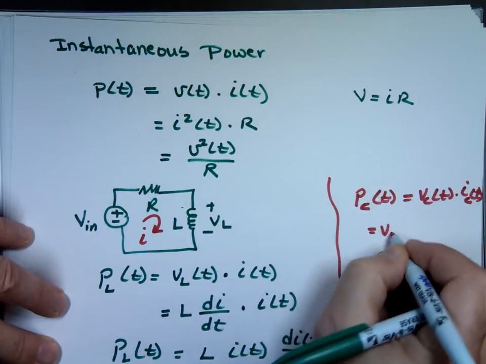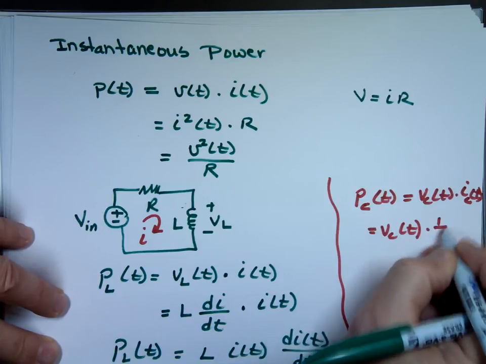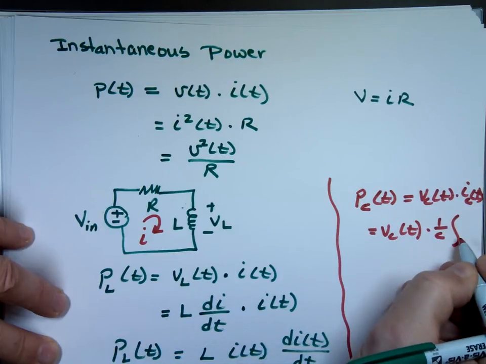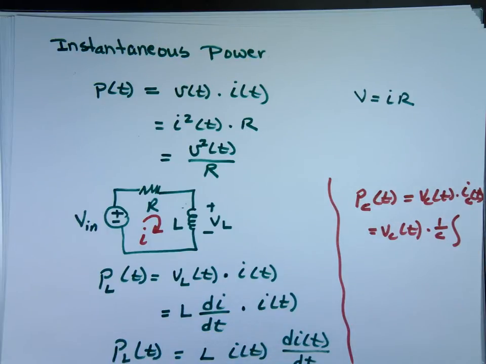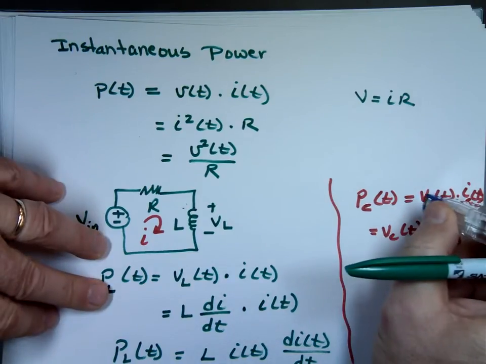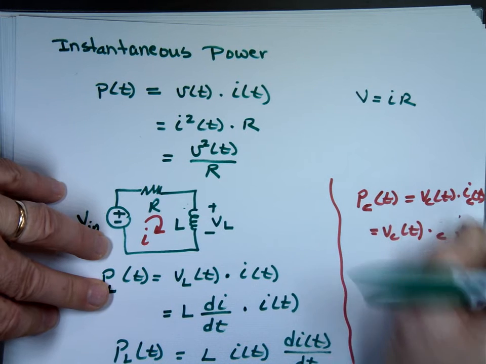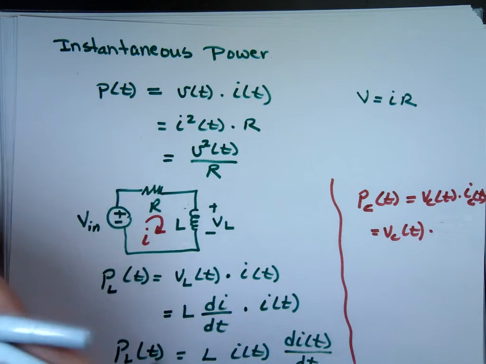So the voltage across the capacitor, and the current's what? 1 over C, the integral, well, I can replace I with C dVc dt if I want to. I can do either way. I can replace V equals 1 over C, the integral of I dt, or I equals C dVc dt.